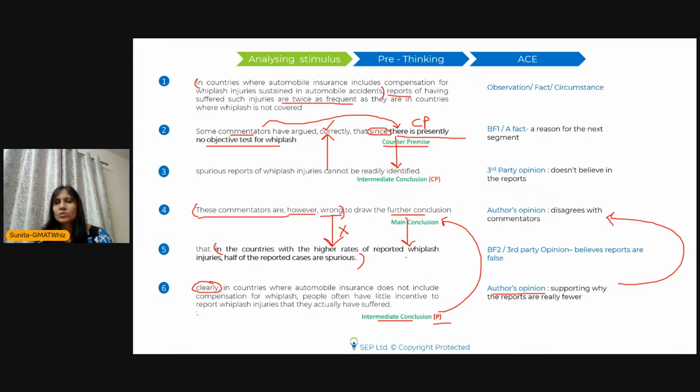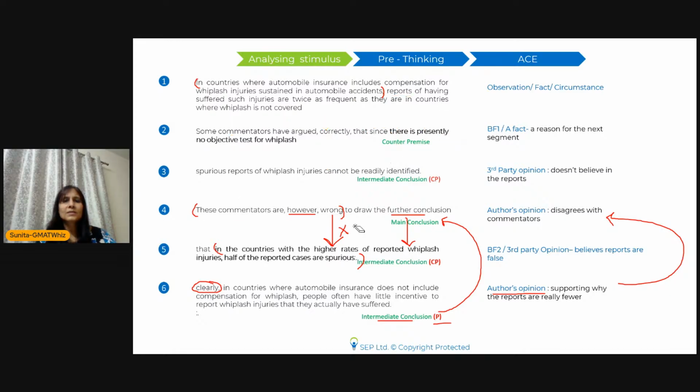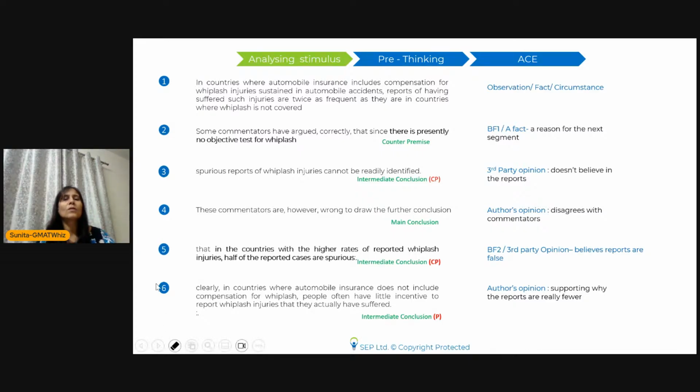All right. The second bold face is also a counter premise, the third party opinion, because it is also going against the main conclusion. So if I really, let me clear this up a little bit, all of this. In conclusion, the author, what does the main point? The author wants to tell us that the commentators are wrong.